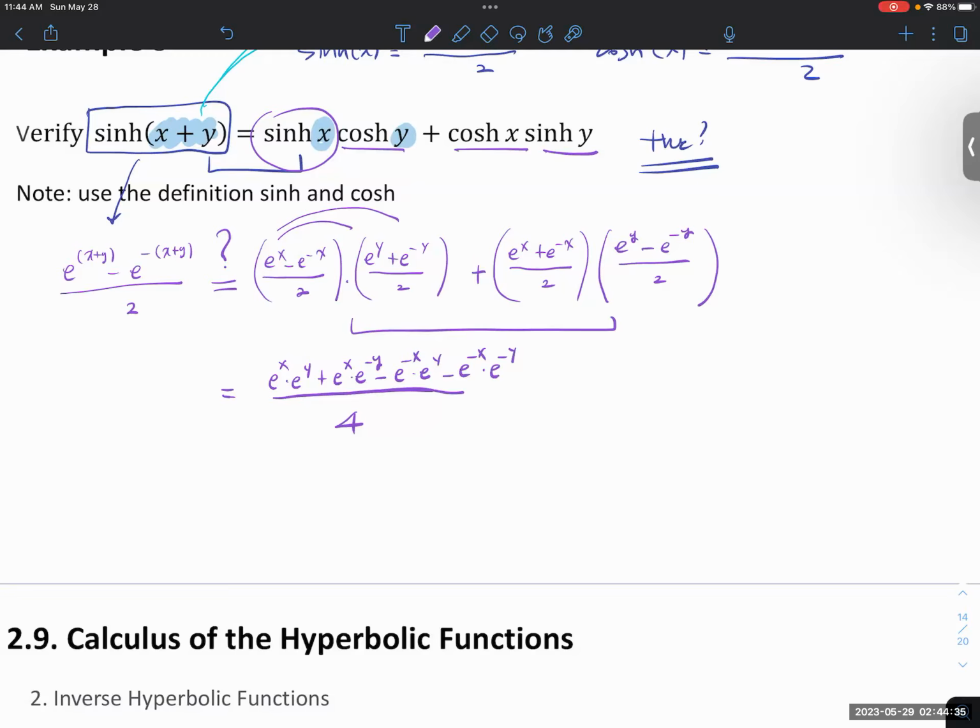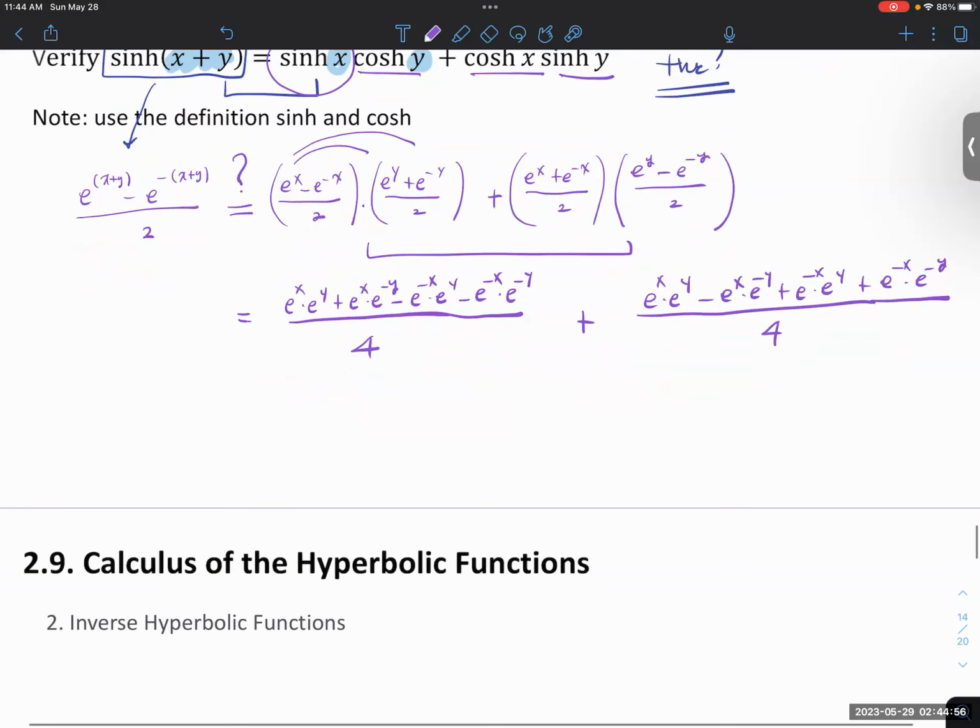So that's the first fraction, plus second fraction 4, e to the x, e to the y, minus e to the x, e to the negative y, plus e to the negative x, e to the y, plus e to the negative x, e to the negative y.